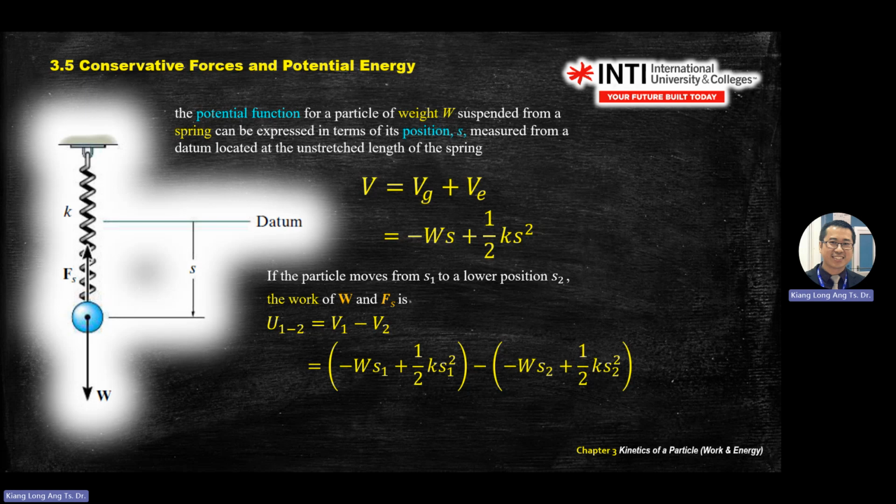So total work done by the conservative force equals V1 minus V2, meaning potential energy at position 1, or the starting position, minus the end position. Here, do not link with the pathway. Take note, this equation does not consider the distance traveled. It only looks at position.